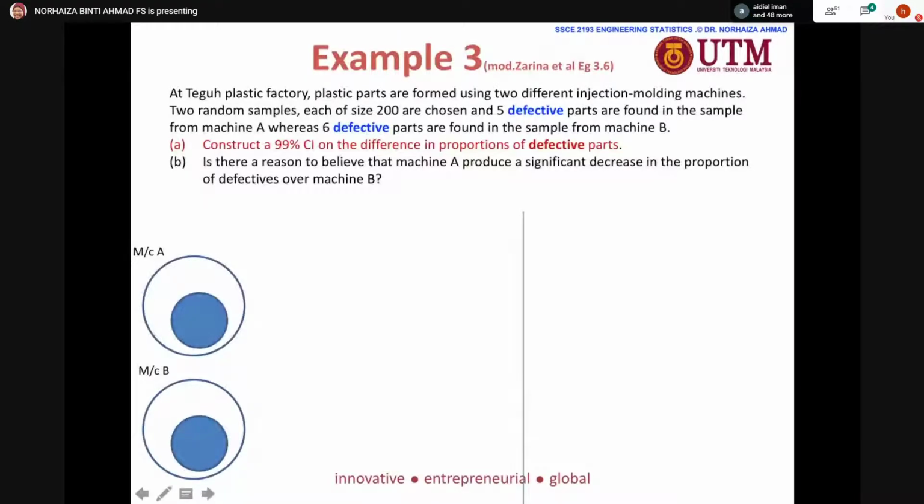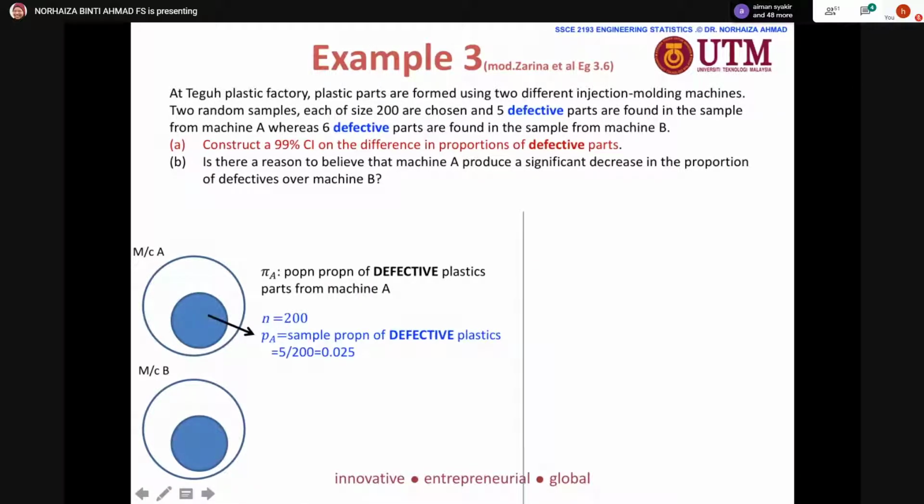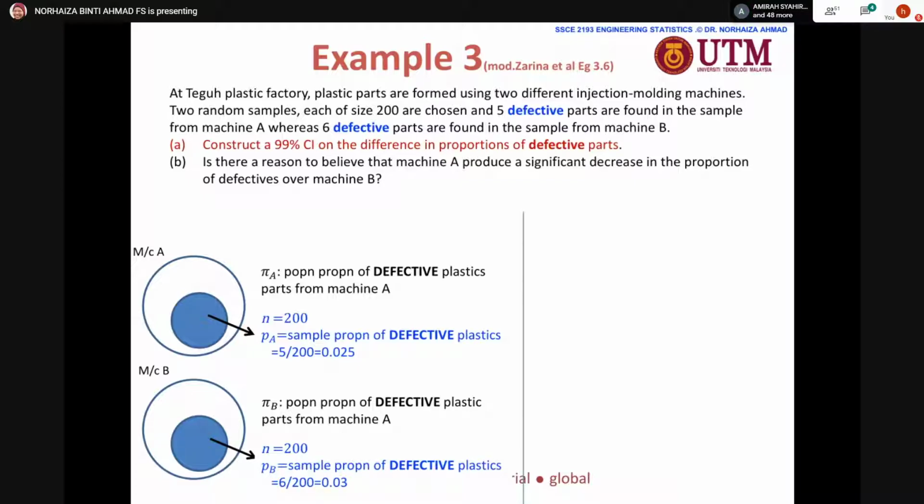Let me just use an animation. Here you've got two machines, A and B, and you're taking samples from these machines, and this is the information that you will get. For machine A, you're taking 200, and from these 200, you have a sample proportion of defective of 2.5%. And for B, it's 6%. So you can just plug in the values as so.